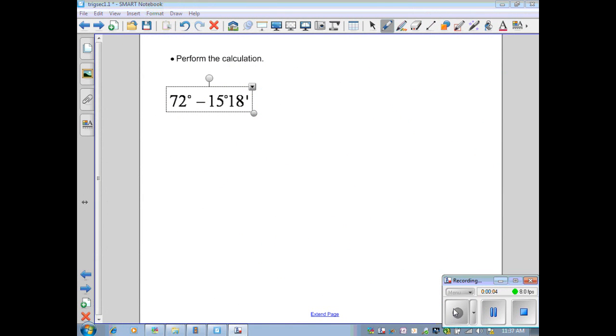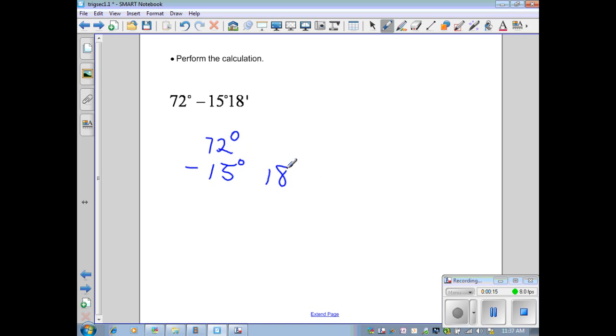Here we're going to do a difference with 2 degrees. So again, we're going to stack them, 72 degrees, and we're going to subtract 15 degrees and 18 minutes. As you can see, we have a unit to the right on our lower set here, so what we're going to have to do is borrow.